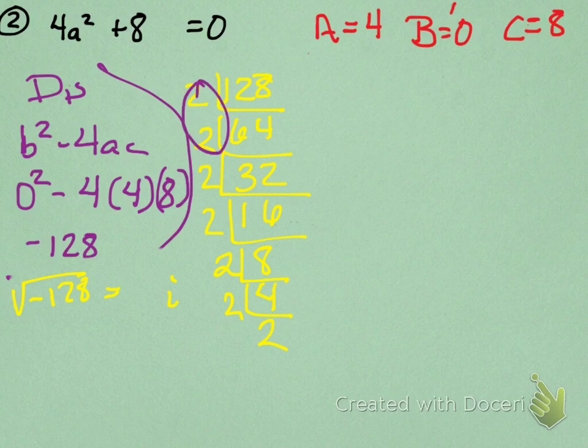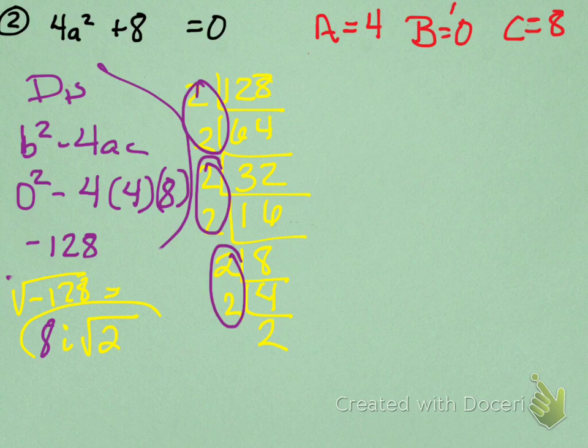I have a set of 2's, another set of 2's, and a third set of 2. What's 2 times 2 times 2? 8. So that's going to give us 8i that we brought out. What's going to be left behind in our square root? 2. So this whole thing is going to replace our b squared minus 4ac.